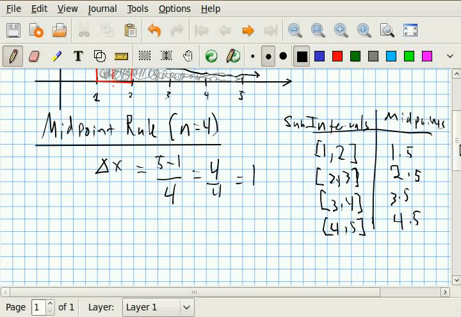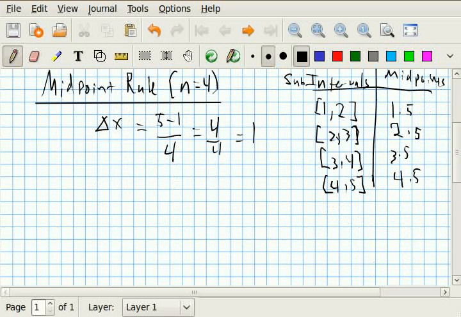So using the midpoint rule, our area is going to be approximately f of our first midpoint, 1.5, times delta x. By the way, the book would call this number x1 because it's our first midpoint. The area of our second rectangle is going to be f of 2.5 times delta x.